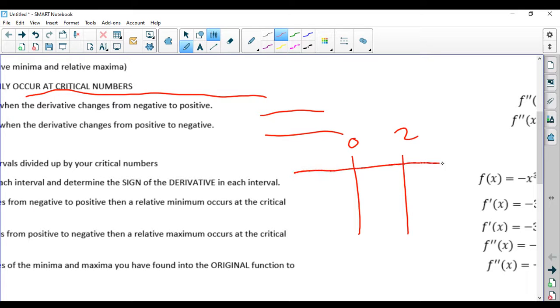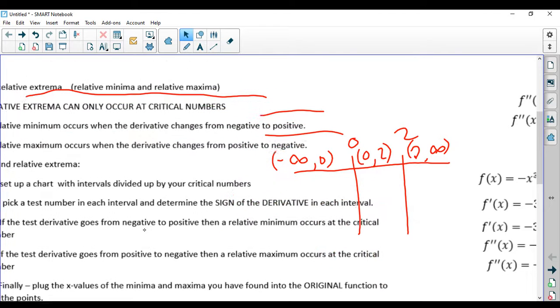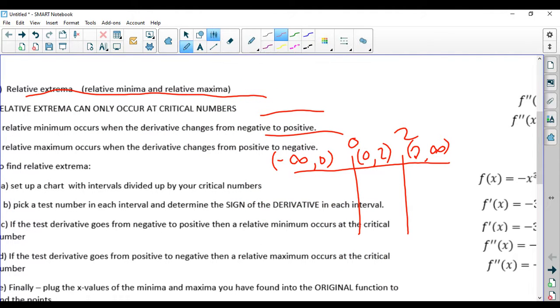That separates the intervals to be negative infinity to 0, 0 to 2, and 2 to infinity. The next step is to pick a test number in each interval and determine the sign of the derivative.